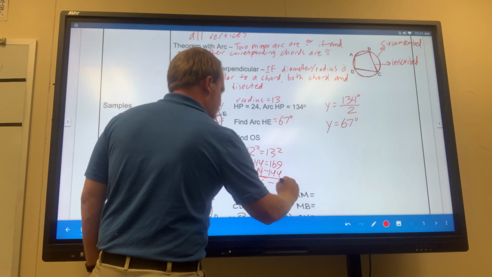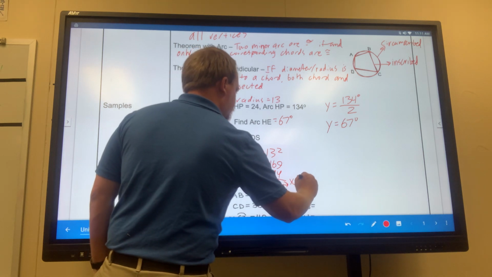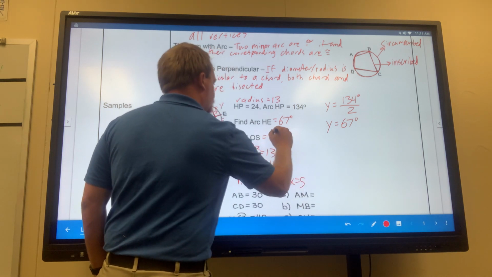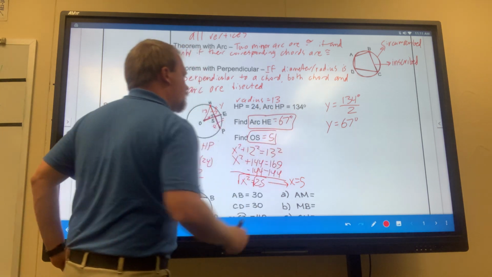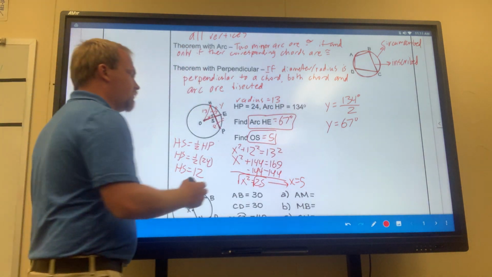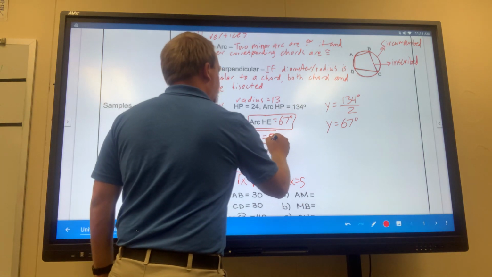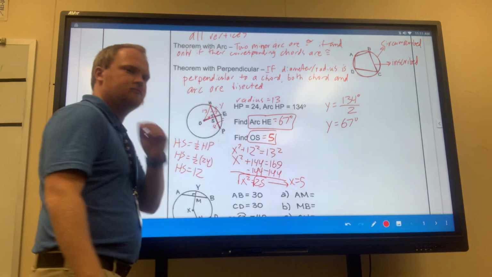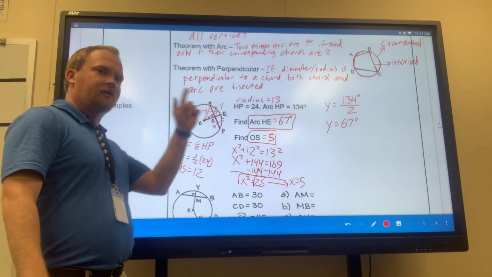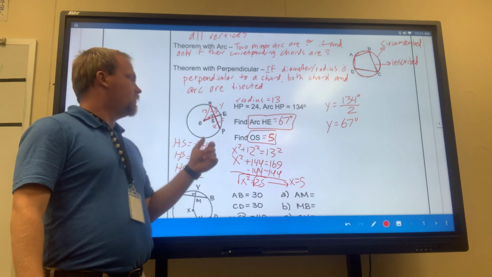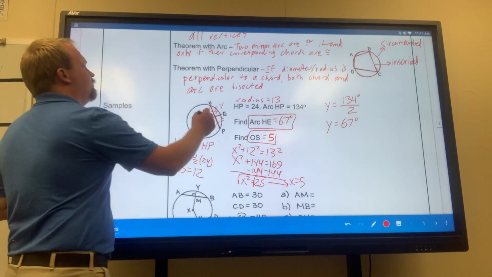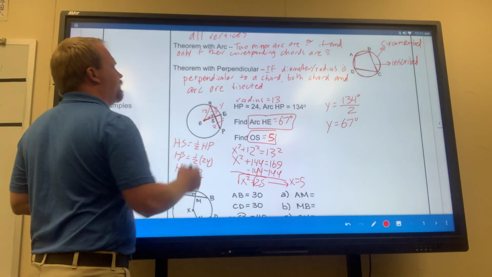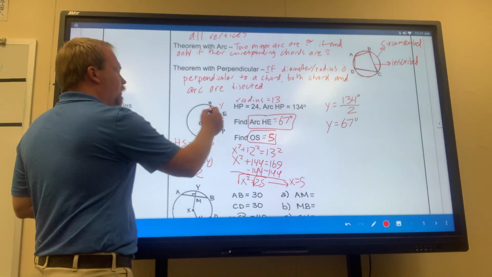Square root that, and x equals 5. So OS is going to equal 5. That's how I'll be able to find the length OS. As long as I know what these two lengths are, I should be able to find my third length, this OS.